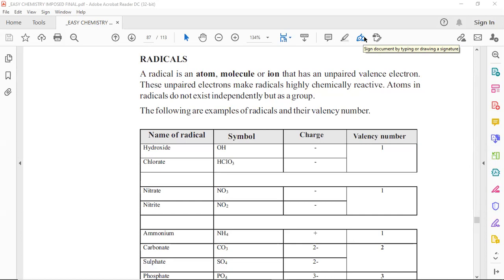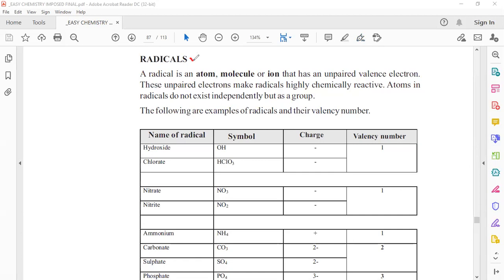So we're still in the series of writing chemical formulas. Today, we're going to look at chemical formulas that incorporate what we call radicals.